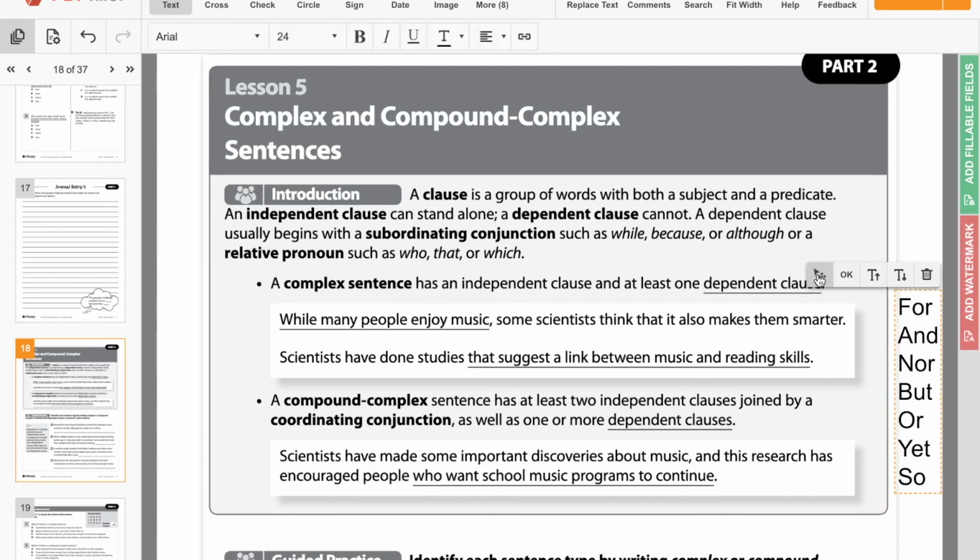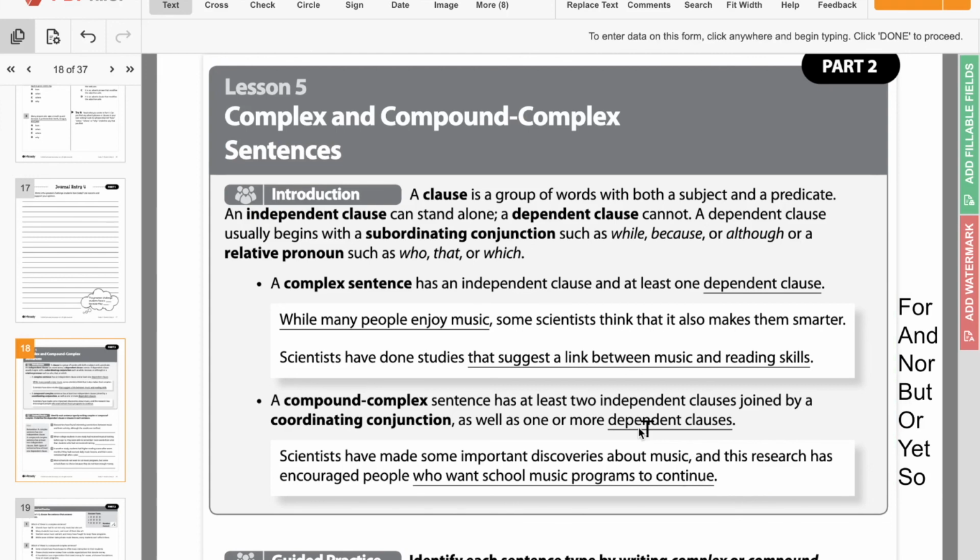These are the most common coordinating conjunctions, which we also use when writing compound sentences. So a compound complex sentence is two independent clauses joined by a coordinating conjunction, as well as one dependent clause. Basically, it's a compound sentence with a dependent clause thrown in there somewhere also.